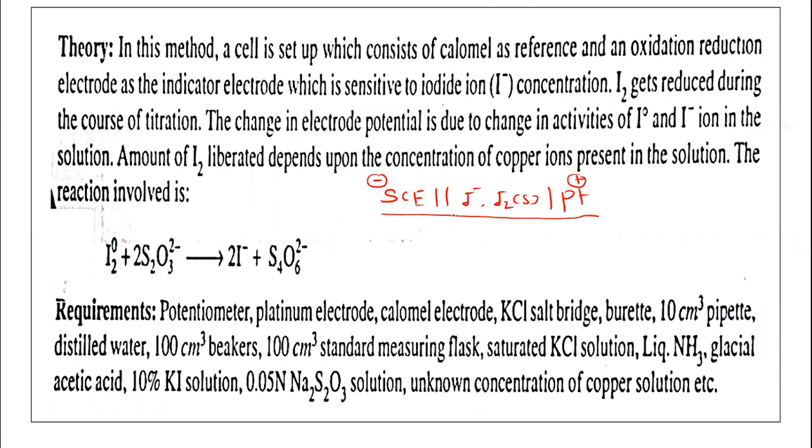Now in this cell, the change in electrode potential is due to the change in the activities of iodide ion in the solution.